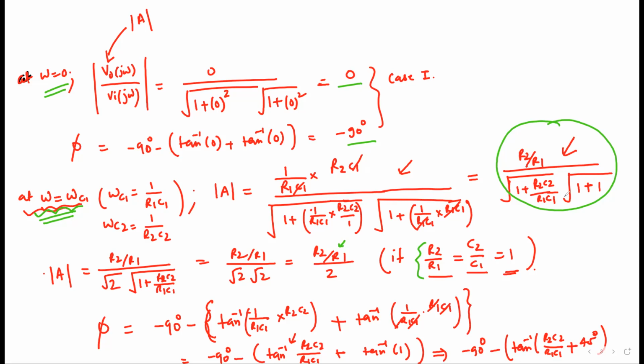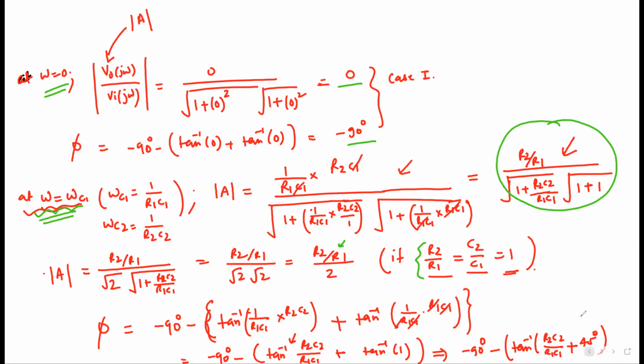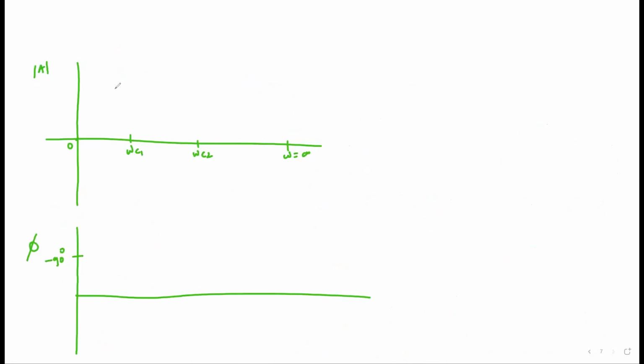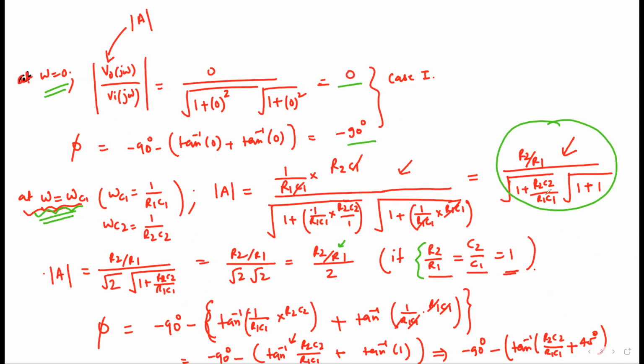But right now we'll just write this magnitude R2 over R1 divided by root 2. And again, we have another factor here. So what is that factor? Right here, square root of R2 over R1 into C2 over C1.